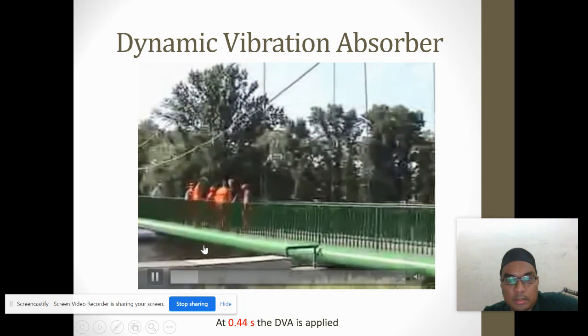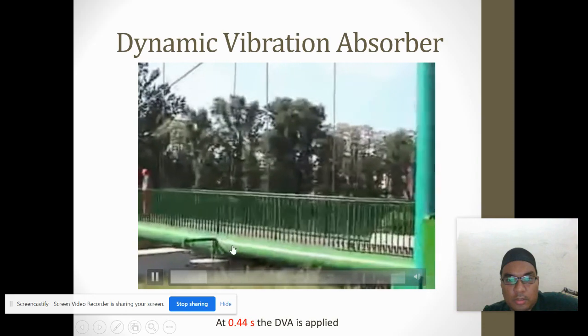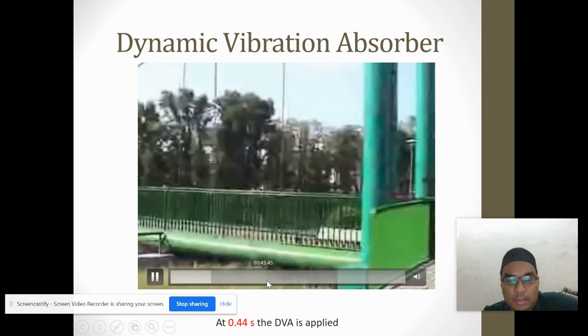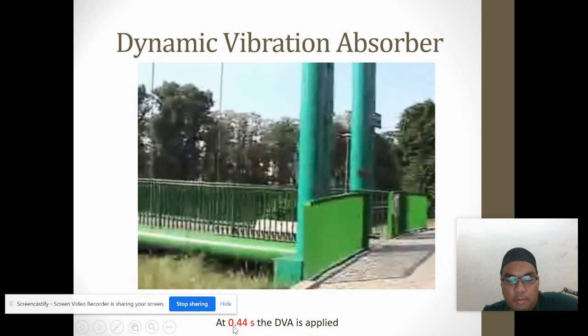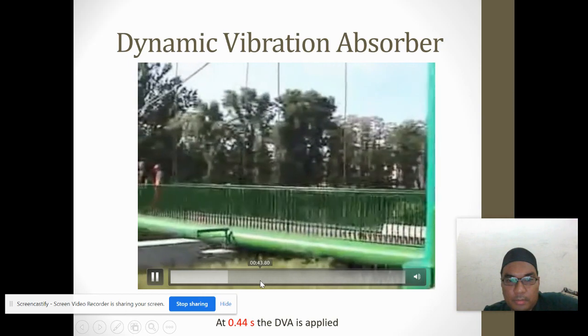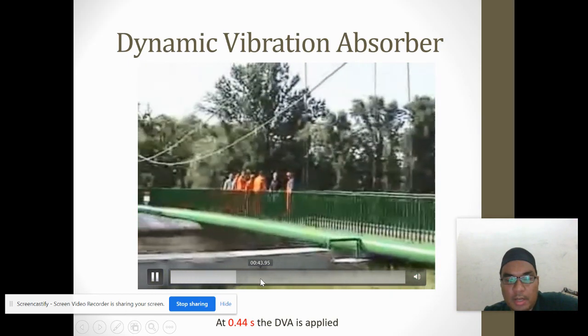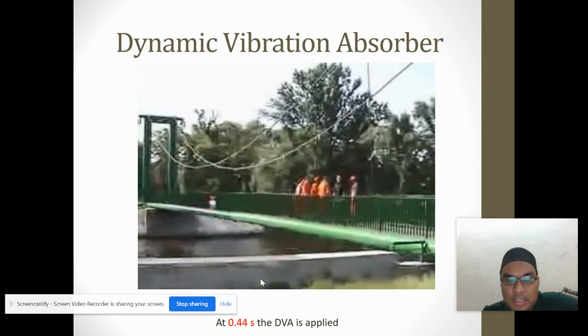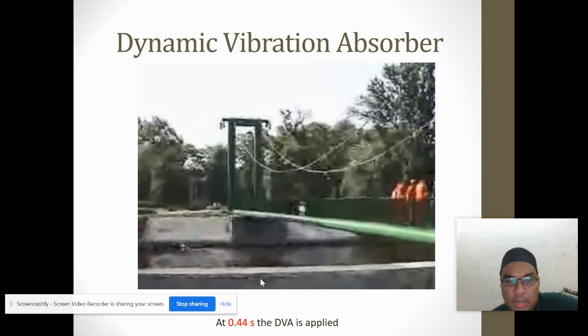You can see that when they jump on the bridge, it causes a high vibration. At the time of 0.44 seconds, somewhere here, the DVA is installed, and then you can see that all the vibration is transferred to the DVA system, and the vibration of the bridge becomes stable.